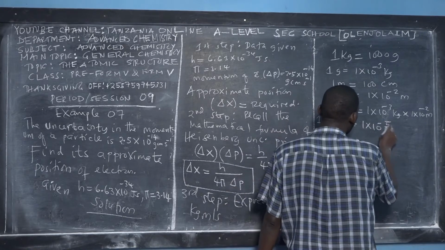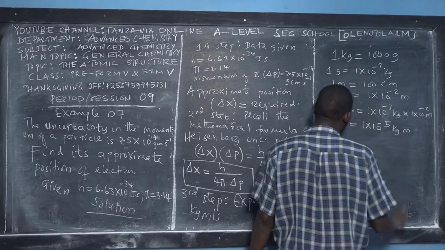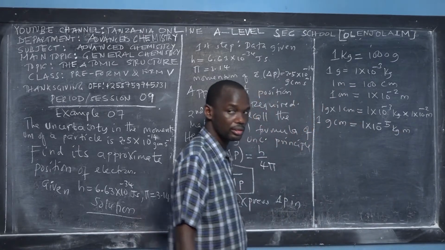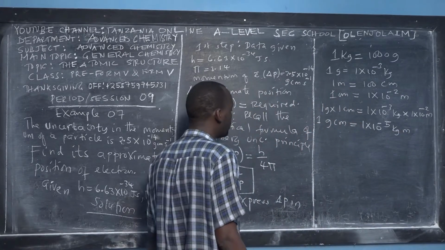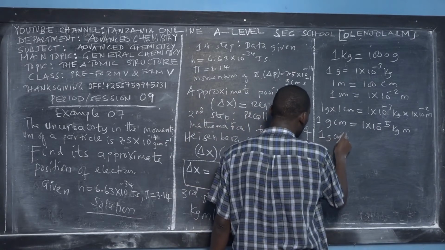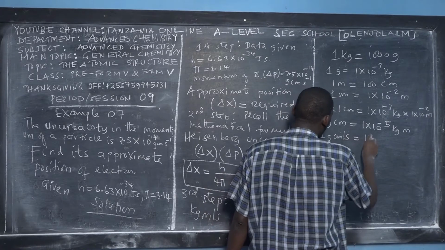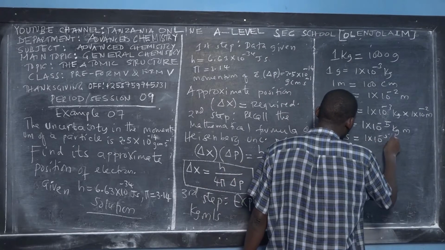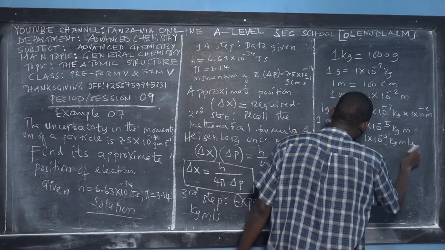Negative 5 kilogram meter. Right? So it means that 1 gram centimeter per second will be 1 exponent negative 5 kilogram meter per second.